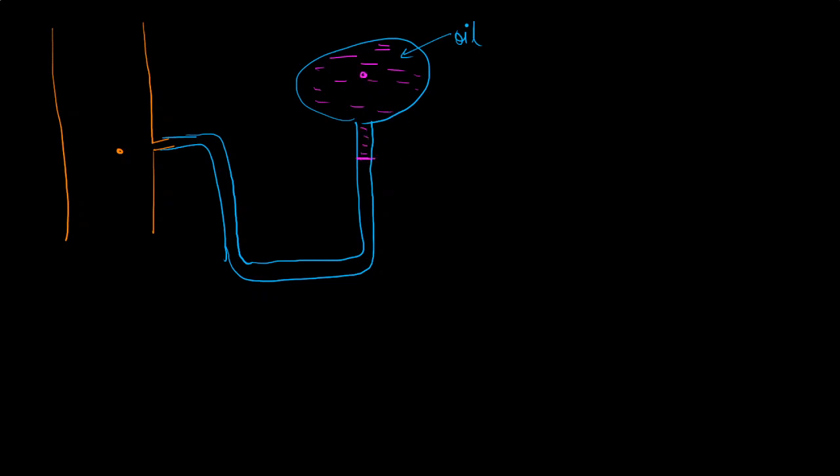With respect to this center, the height is suppose 6 centimeter. With respect to the very bottom of the tube, this height is given as 11 centimeter. Now this tube contains mercury. Suppose the red color is the height of the mercury.